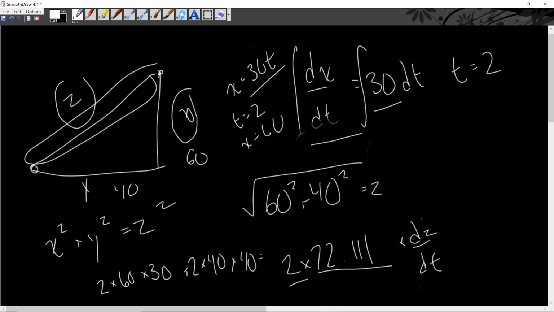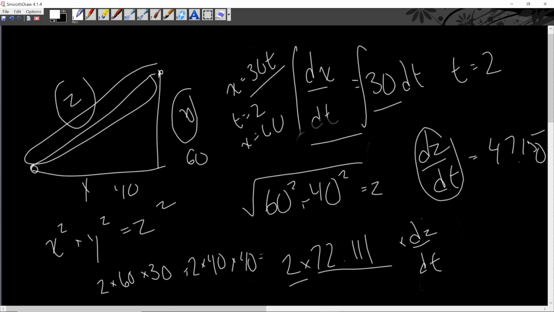And then we can solve for dz/dt, and we get 47.15. dz/dt, or the derivative of z, or the change in z's position with respect to time, is equal to 47.15, or 1.50.